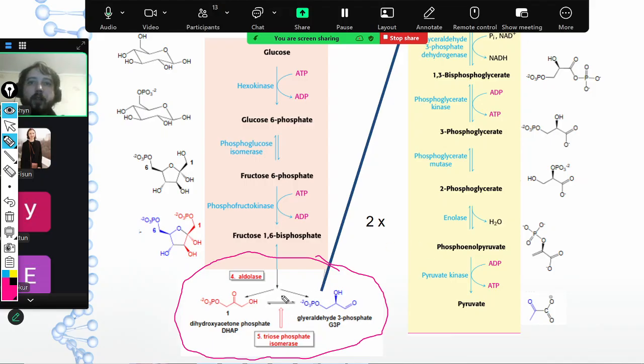If we did not have this fifth step, and couldn't interconvert these molecules, what should the cells do in this case? How should the evolution go to give us something working?